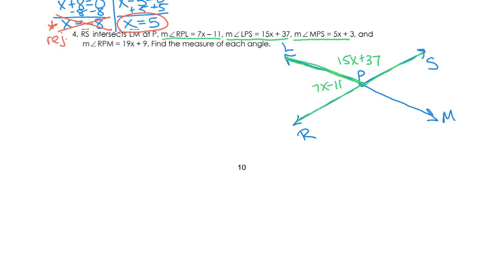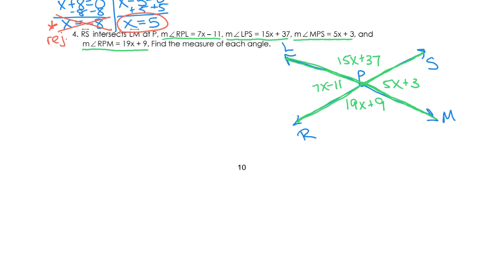The measure of angle MPS, M to P to S, is 5x plus 3. And the measure of angle R to P to M is 19x plus 9. They want us to find the measure of each angle, which means we have to solve for x and then plug it into all those expressions, and then we'll have each angle.